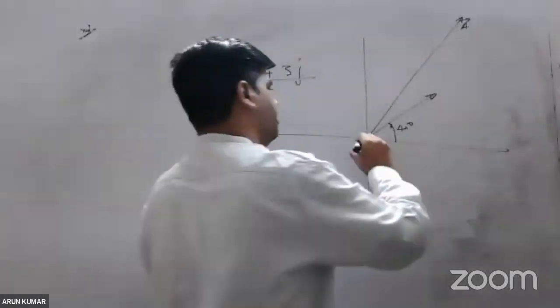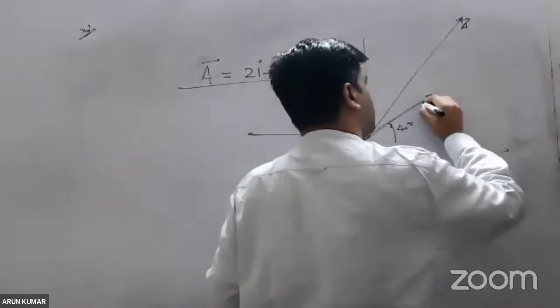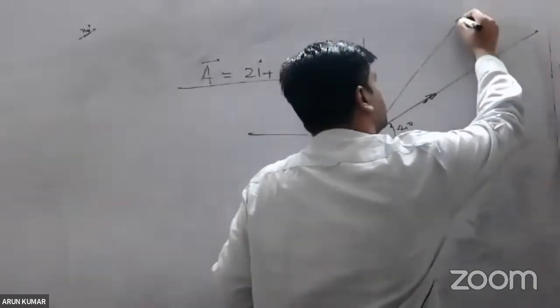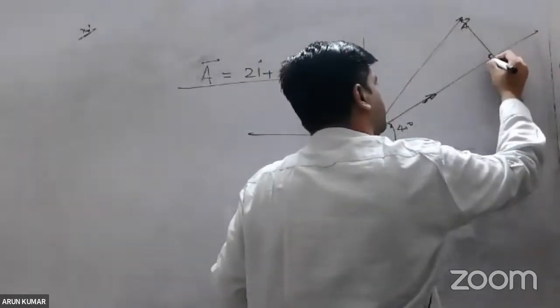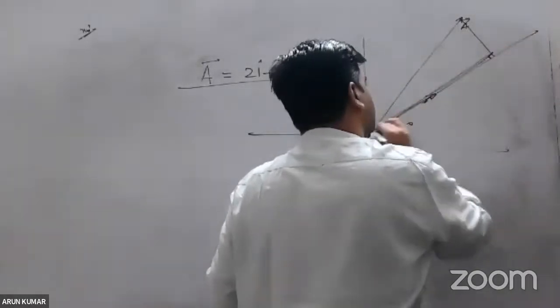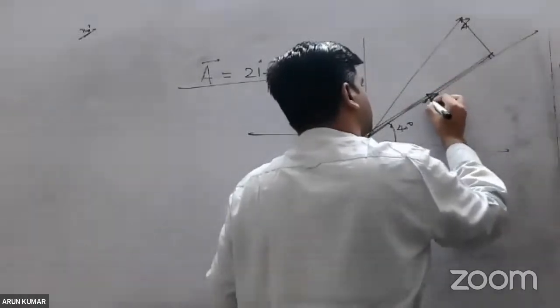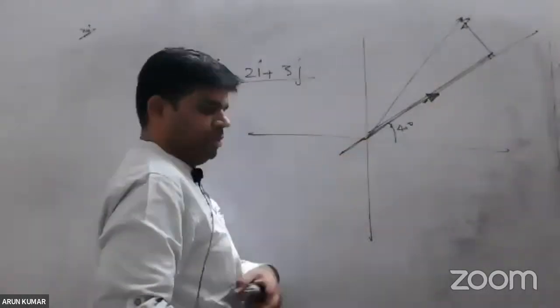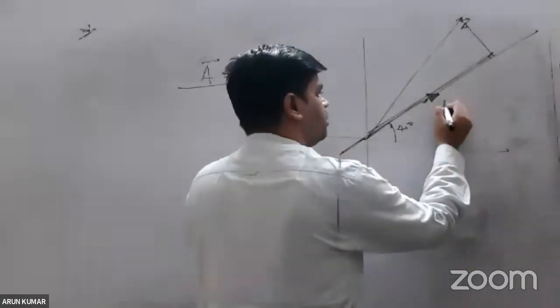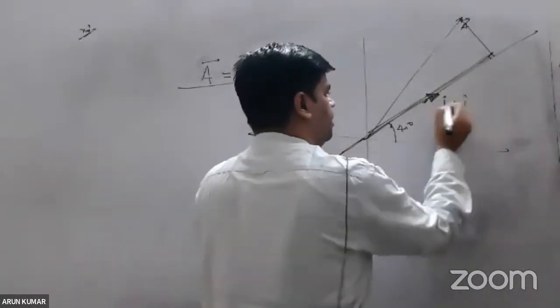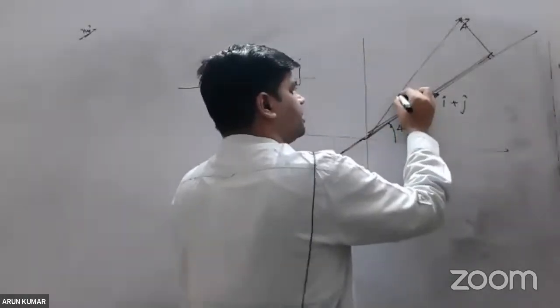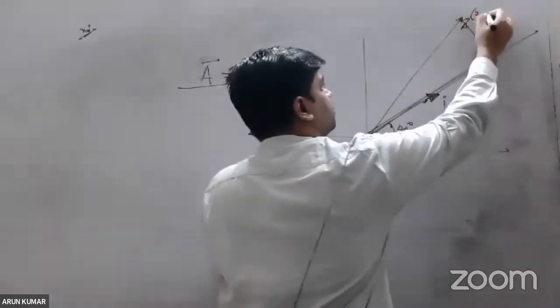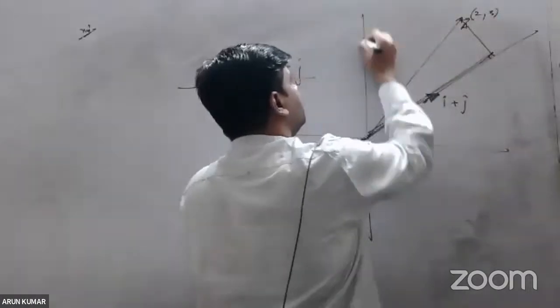So that means I draw a perpendicular. I have to find out this length. This is I plus j. This is 45 degrees. This is 2, 3.